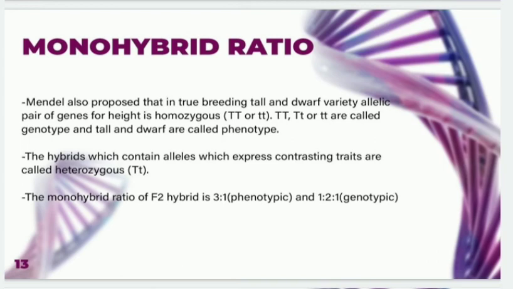Monohybrid ratio. Mendel also proposed that in true breeding tall and dwarf varieties, the allelic pair of genes for height is homozygous: TT and tt. Capital TT, or capital T and small t, or small tt are called genotype, and tall and dwarf are called phenotype.